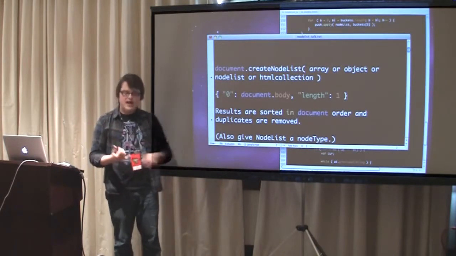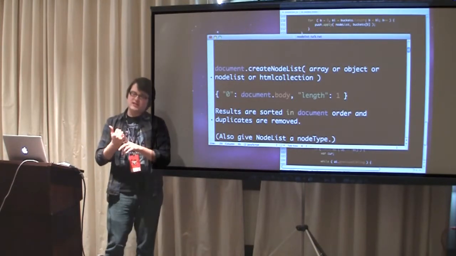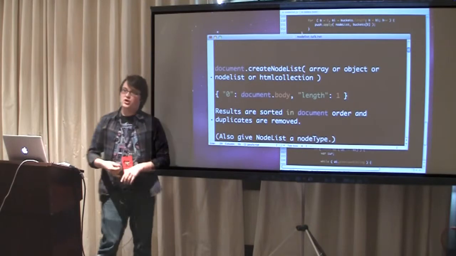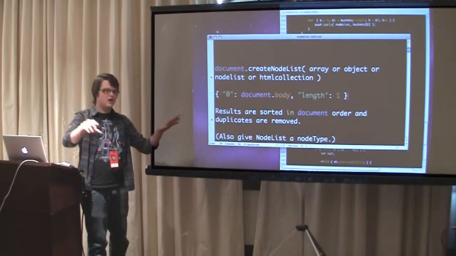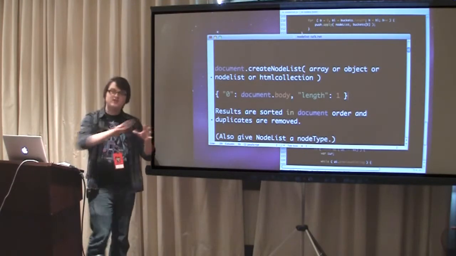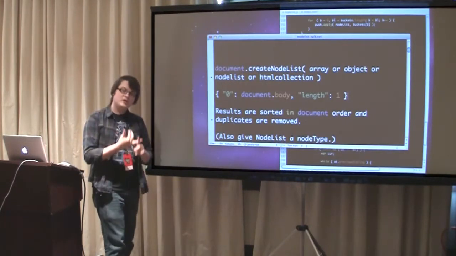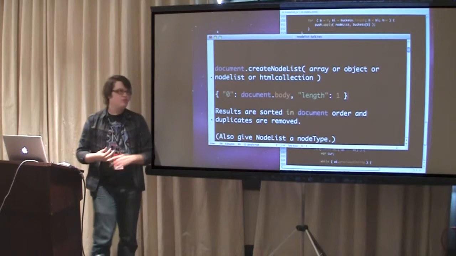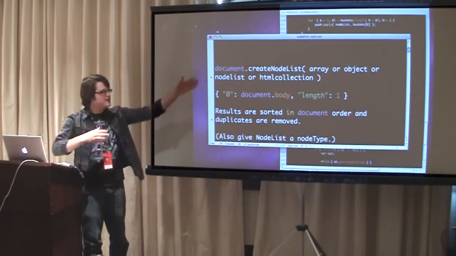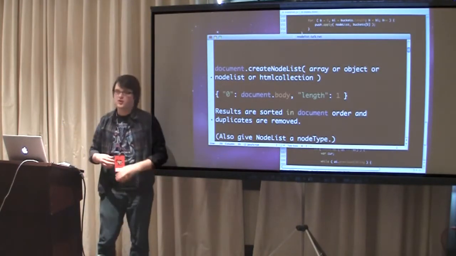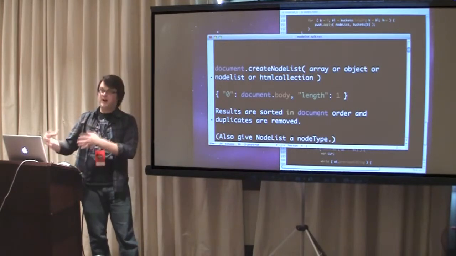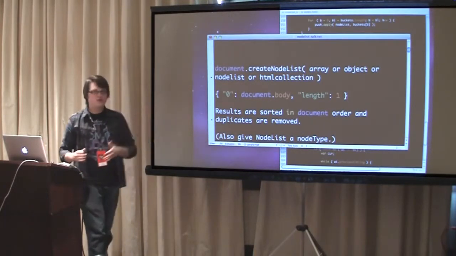Additionally, all the nodes are guaranteed to be in document order. So if you have a whole bunch of elements in it, they will always come out sorted in the correct order in which they're in the document. Additionally, there will be no duplicates. So if you passed in multiple document bodies, for example, you would only get one body back. So this is sort of to set the ground rules.